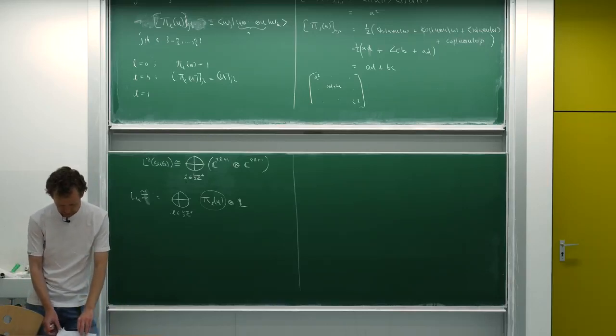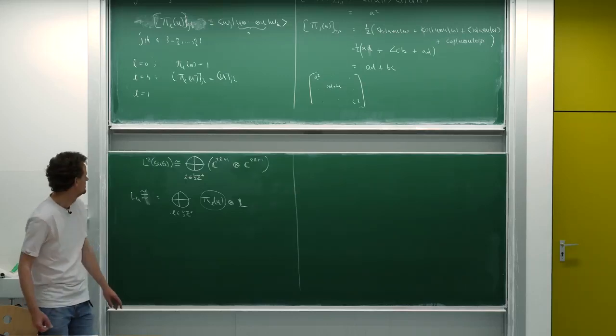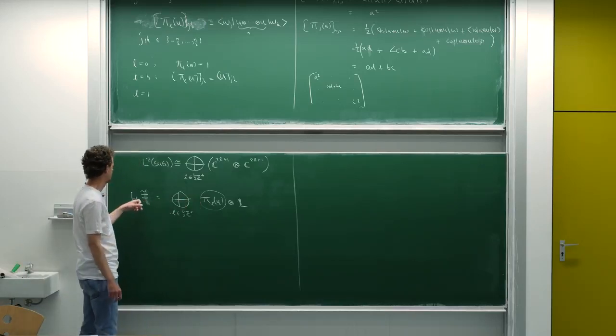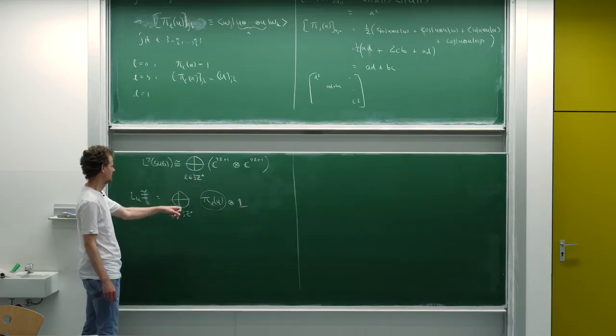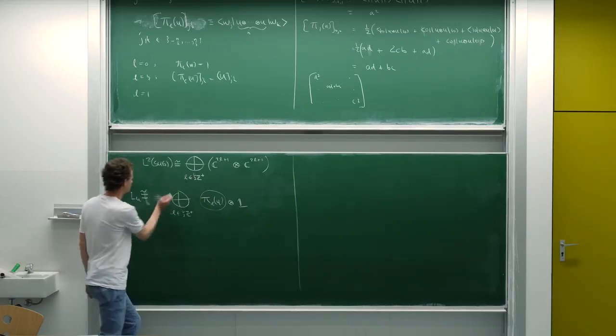All right, what else do we need? Yeah. How exactly do you mean the last line on the board? How do I mean the last line on the board? Is isomorphic. Oh, what on earth does this mean? Yeah, right. It means this.